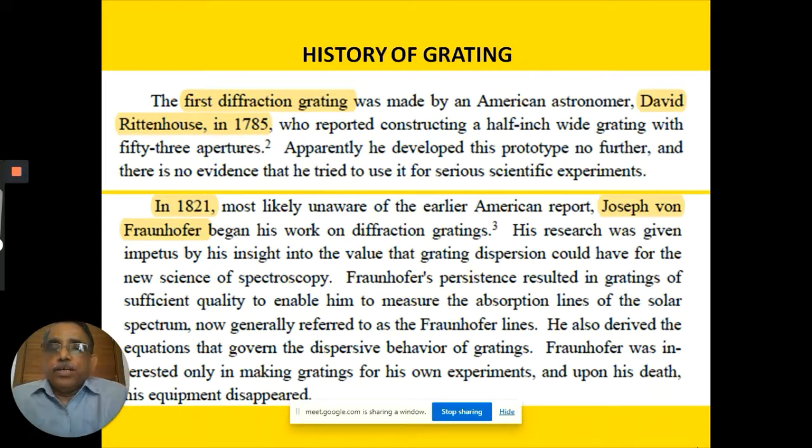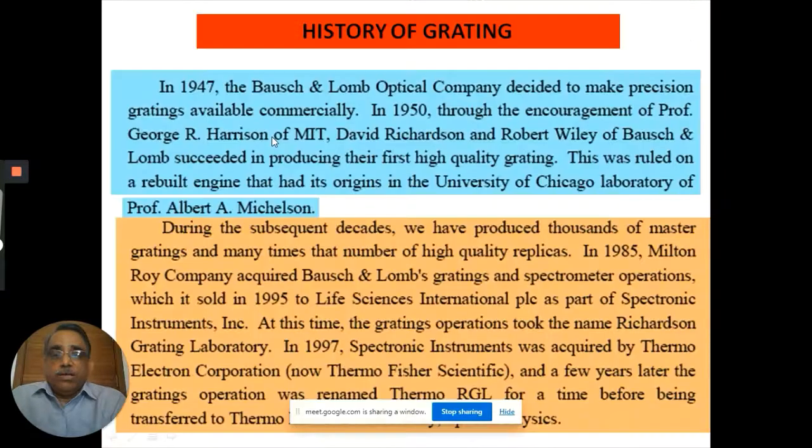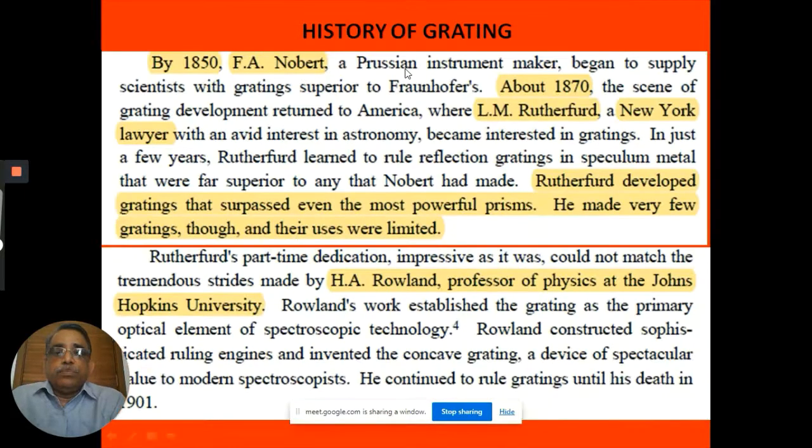So if you look at the year 1821, Fraunhofer made a real contribution, and it really was the beginning of grating work. Basically his contribution in physics and interference is quite high. And then in the year 1850, Nobert, basically a Prussian instrument maker, made gratings much superior to Fraunhofer's.